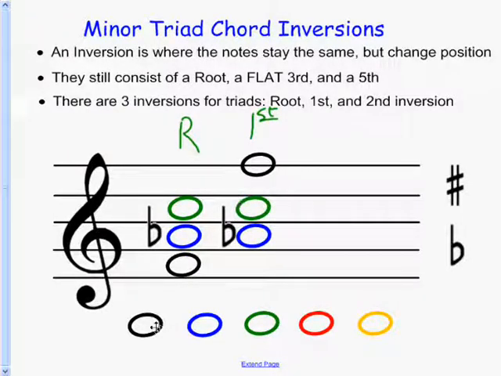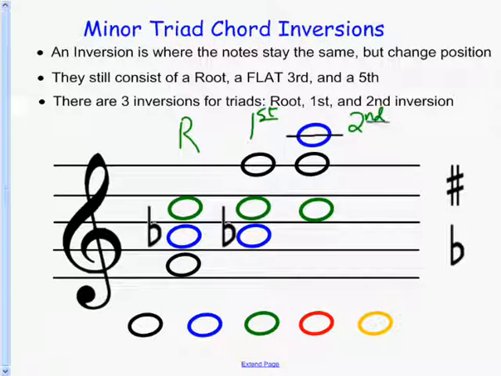And then we have F, A flat, which I'll put a ledger line on to make sure we know that, A flat and C down here. And that is our second inversion. Notice that the flat stays with the notes. So that A is still going to be flat, A flat up on the top.